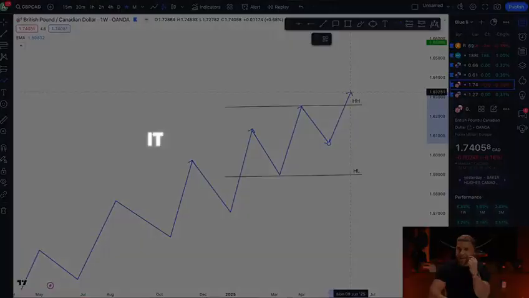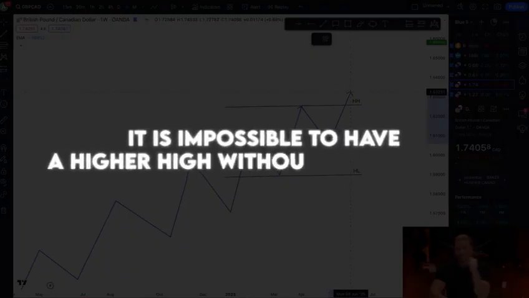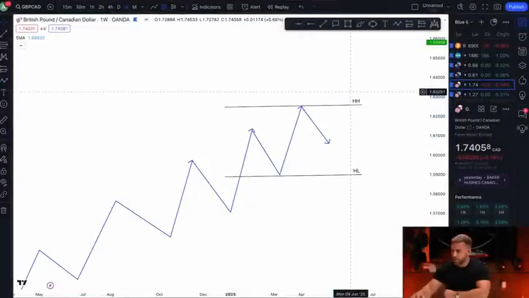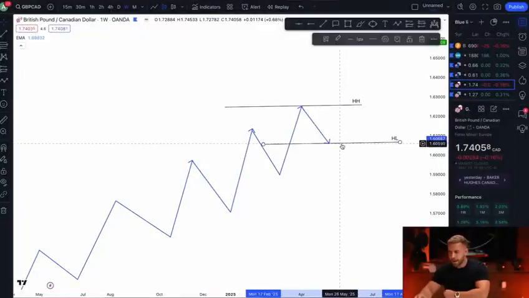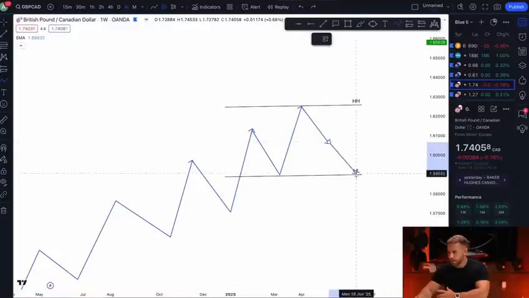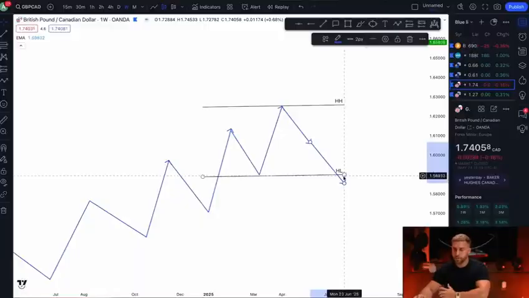Again, remember, it is impossible to have a higher high without a higher low. So if this market right here did not create a higher high, how would you mark this as the higher low? You're pretty much skipping a step, because this market right now can clearly do something like this, and it can completely go to the downside because it hasn't shown you its full potential yet.